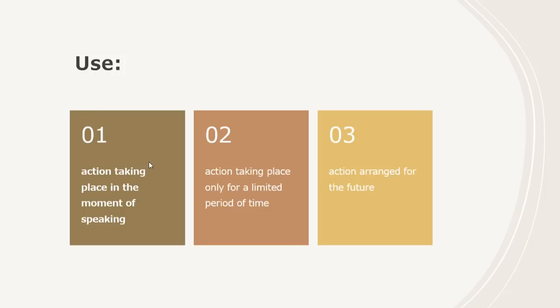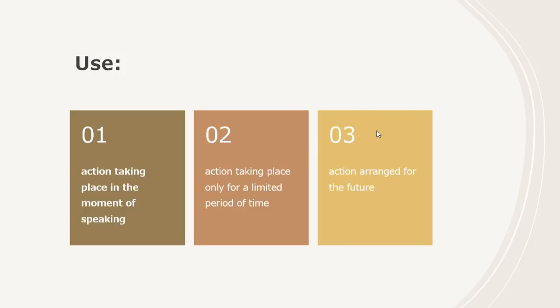The first is an action taking place at the moment of speaking, now, right? I am now teaching you. And second one, an action taking place only for a limited period of time. Okay? And then the third one is an action arranged for the future. Okay?